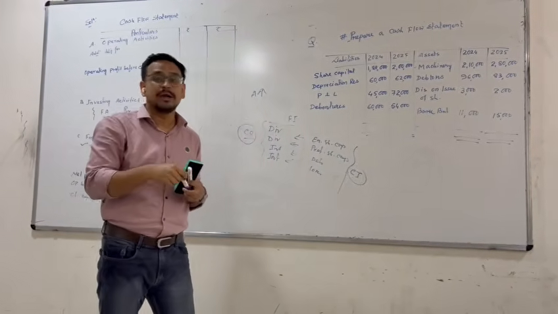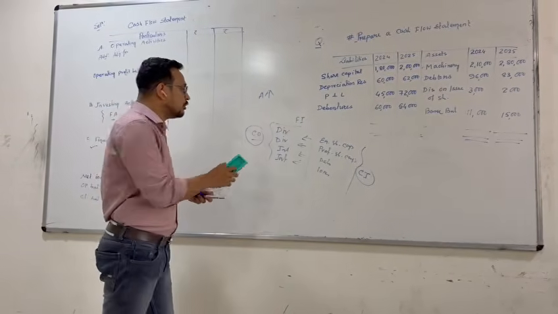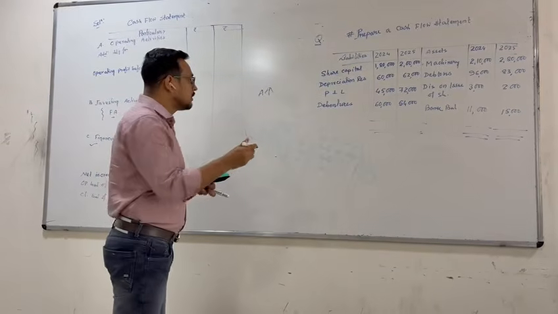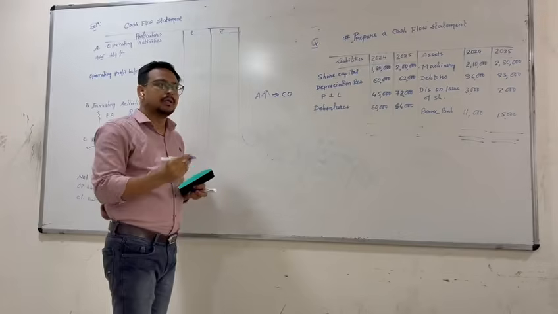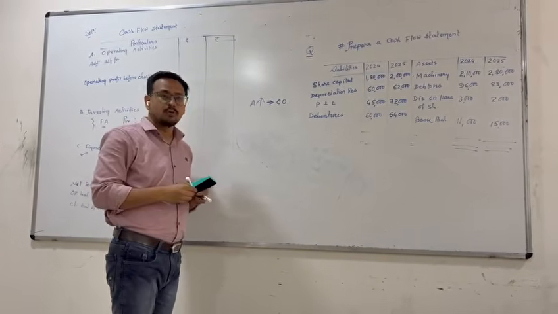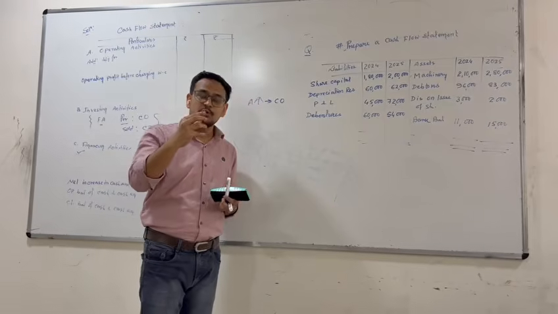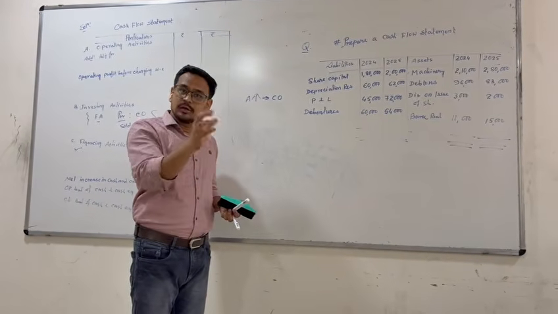So there is a principle in the cash flow statement. To complete this statement, you need to remember the principle. Whenever an asset increases, it means cash outflow. Your machinery increases from 2,10,000 to 2,80,000, so 70,000 is the change. It means you purchased the asset. That's why your asset increases, and there is cash outflow.